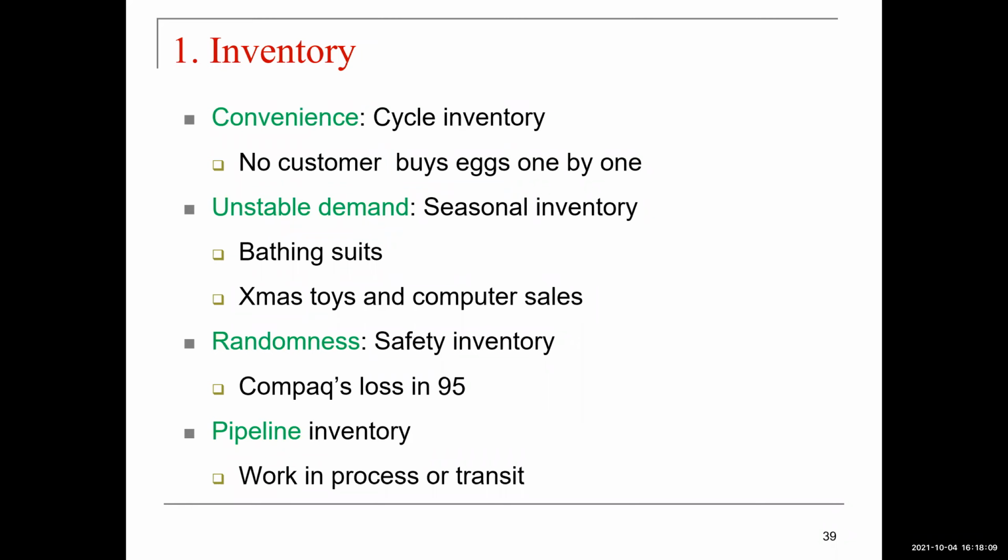Then the pipeline inventory is work in process or in transit. For example, if you are going to produce a certain product like computers or parts for cars, you make sure that if you need a part, you have those in process or you have a safety inventory for those.